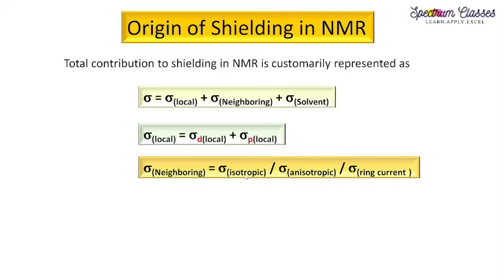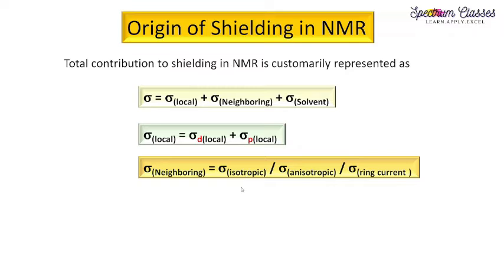Sigma neighboring can be understood in terms of sigma isotropic, sigma anisotropic, or sigma ring current. Here, these terms isotropic and anisotropic may be new for you. Let us first discuss these terms.